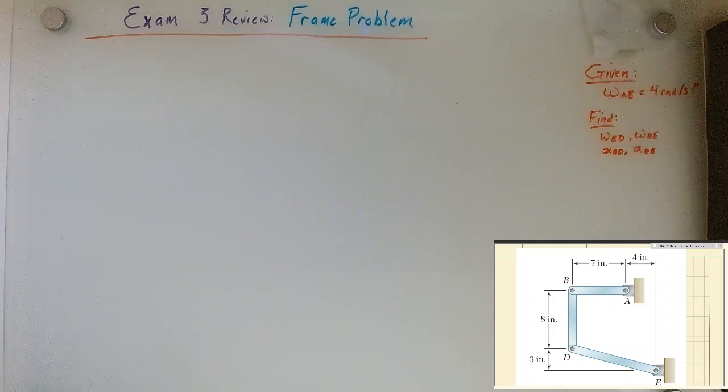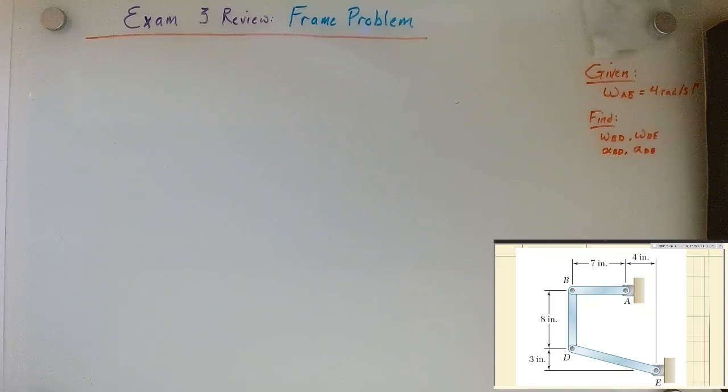Hey folks, welcome back. We're getting ready to crush the exam, talking about exam 3, and here we have a frame problem. So in our physical system, this is the scenario. We have this frame.